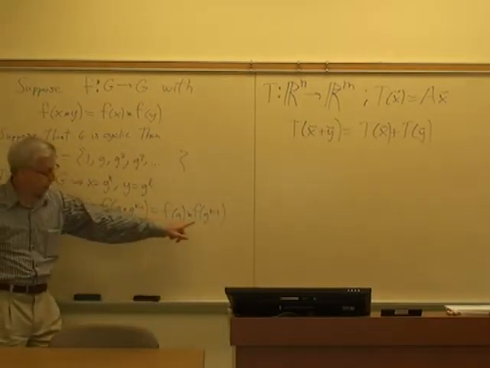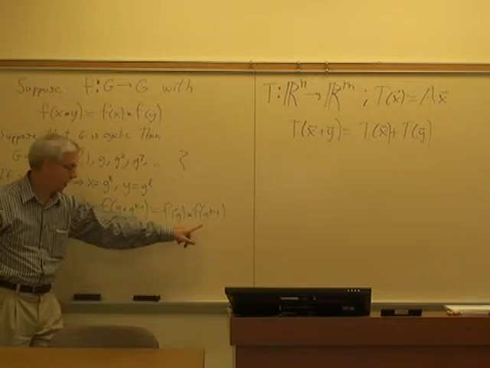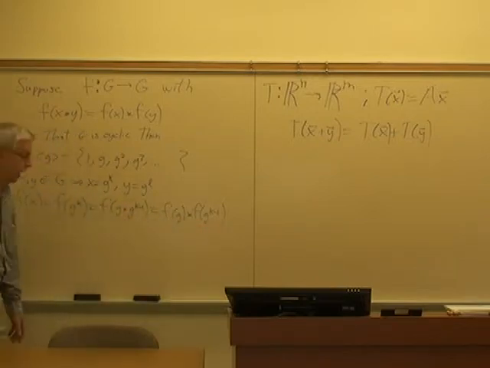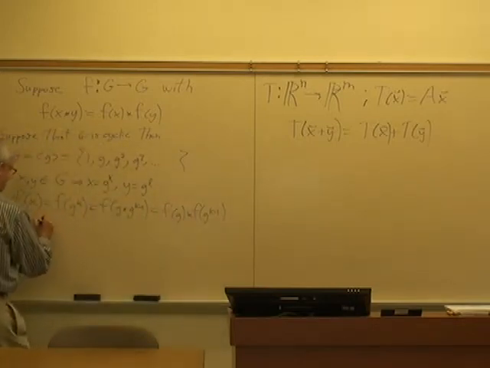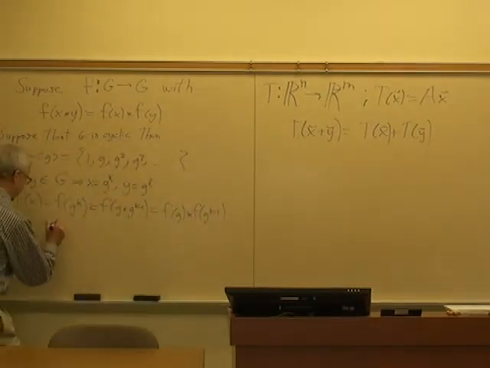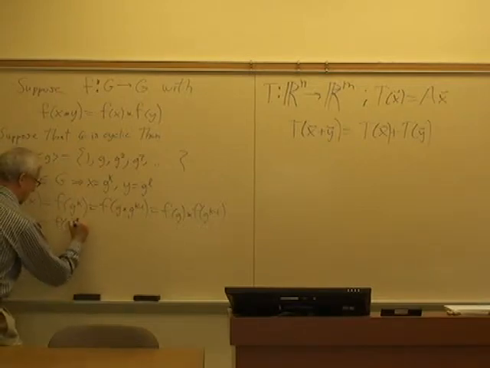But how can I write g to the k minus 1? I can write it as g times g to the k minus 2. So if I continue pulling one g off at a time, it should be clear, and you could prove it by induction, that this is simply f of g to the kth power.